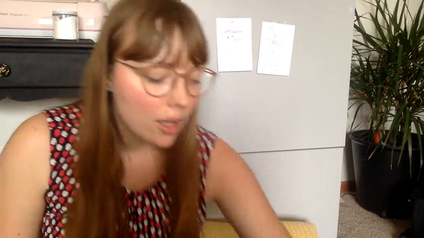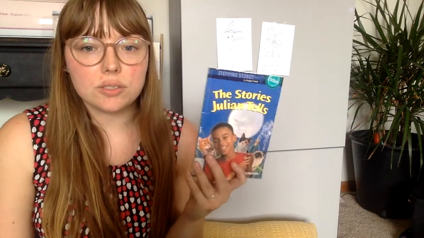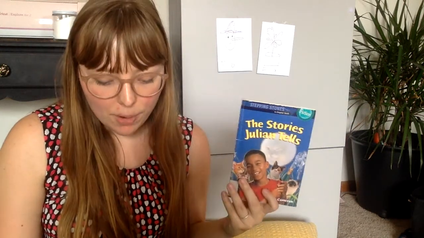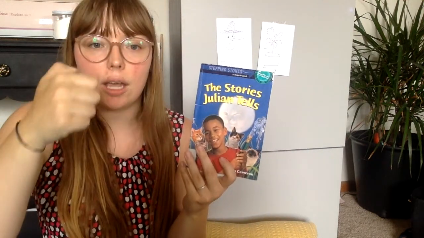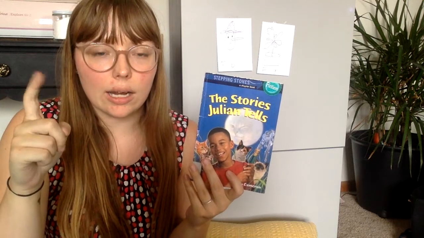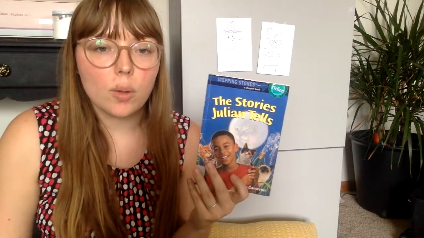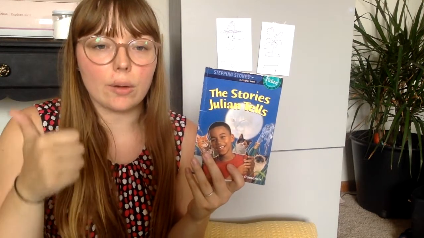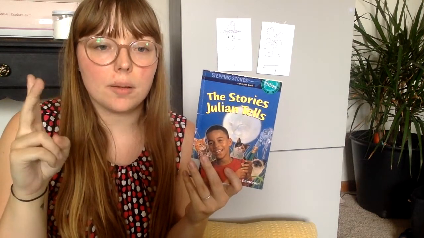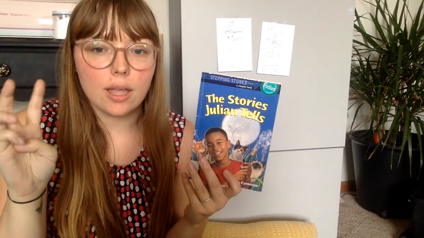Very good. Friends, in just 1 second, I'm going to send you off to read our story, The Story Julian Tells, in partners. When you are listening to your partner read, I want you to think about characters, setting, beginning, middle, and end. When you are reading, I want you to think about characters, setting, beginning, middle, and end.